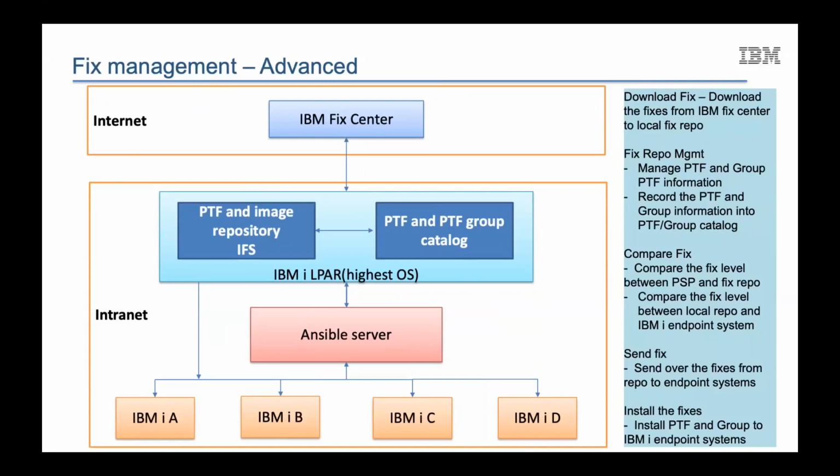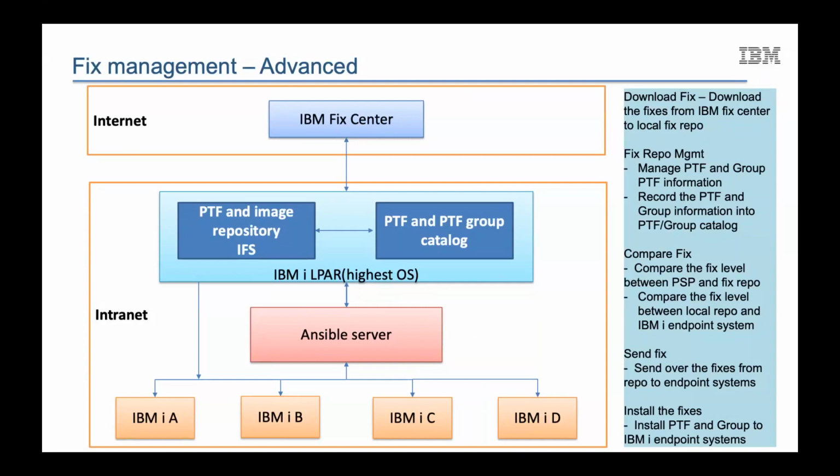The fix repository resides on IBM i for now, and it has two major parts. One part is the PTF and image repository, which is several IFS directories to store the save files and the images of PTFs and groups. The other part is the PTF and PTF group catalog, where the PTF and group information is recorded.